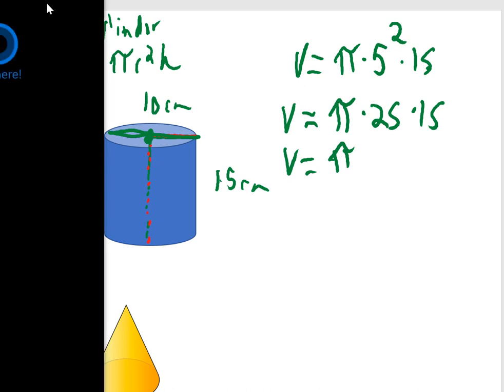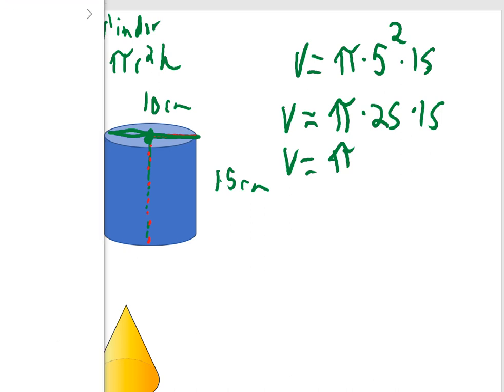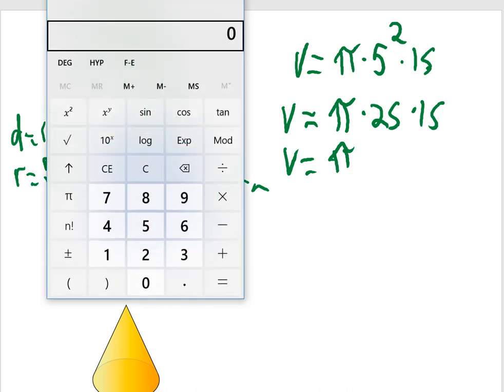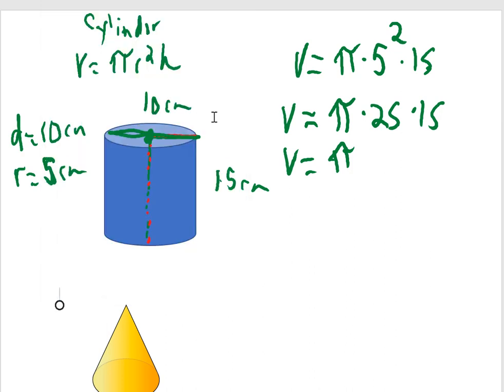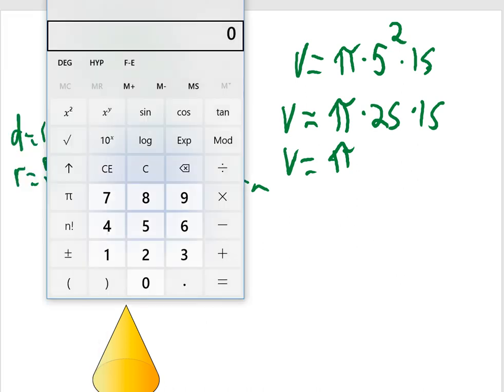I'm just going to get my calculator out because I'm feeling lazy. 25 times 10 would be 250. So what you're going to want to look out for definitely is the diameters versus the radius, okay? All right, let's see. 250 or 25 times 15.